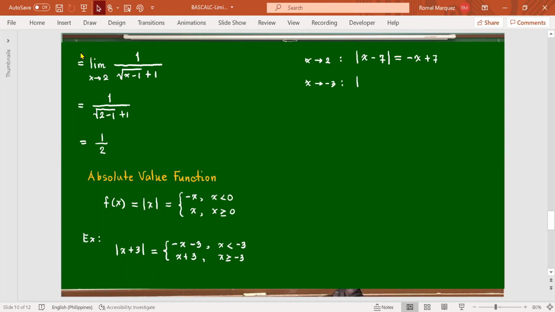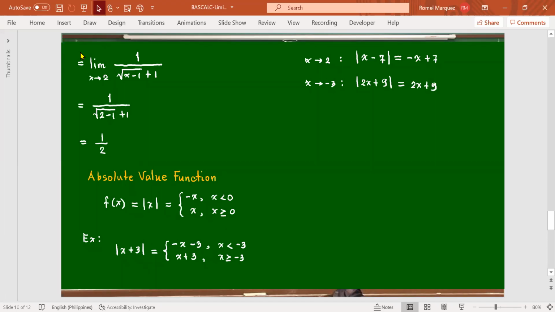What can I say about the absolute value of 2x plus 9?